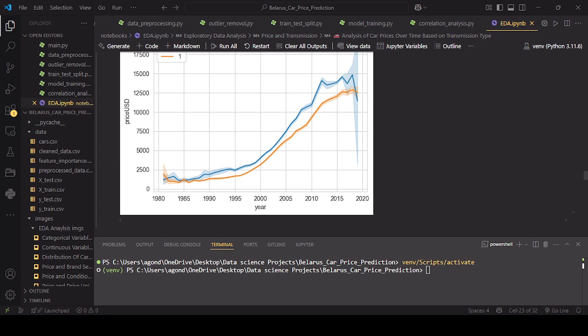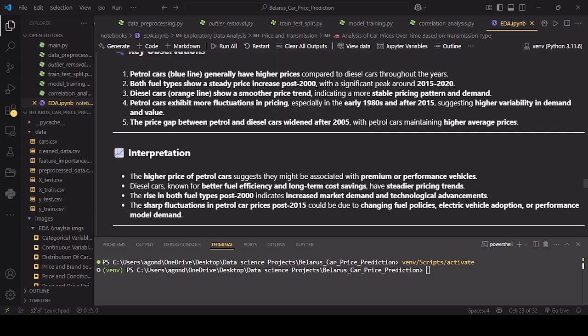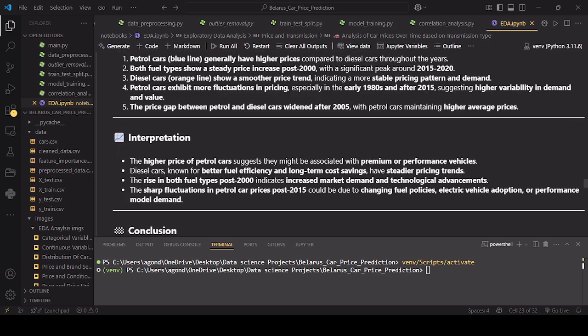Right here we can see that generally the price of petrol is higher, and both have a steady price increase after 2000, while diesel shows a smoother trend, steady demand and pricing pattern.